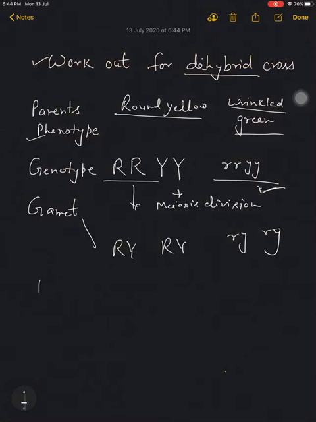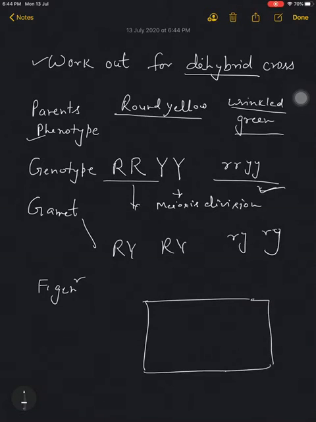So definitely in the case of the F1 generation, what do we get here? Again we can make a checkerboard to understand this part. We have to first write the nature of the gametes, RY. On the top we write the first parent's gamete, and on the left-hand side towards the bottom we write the second parent's gametic trait.